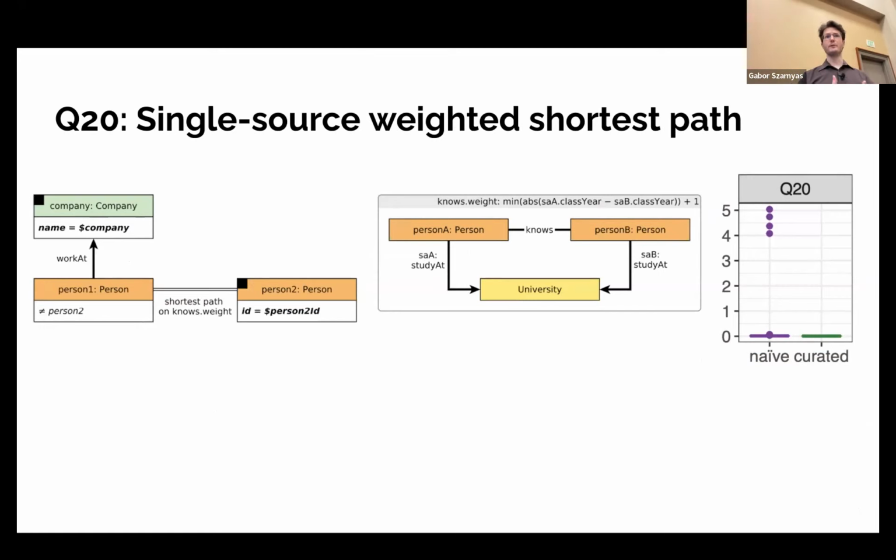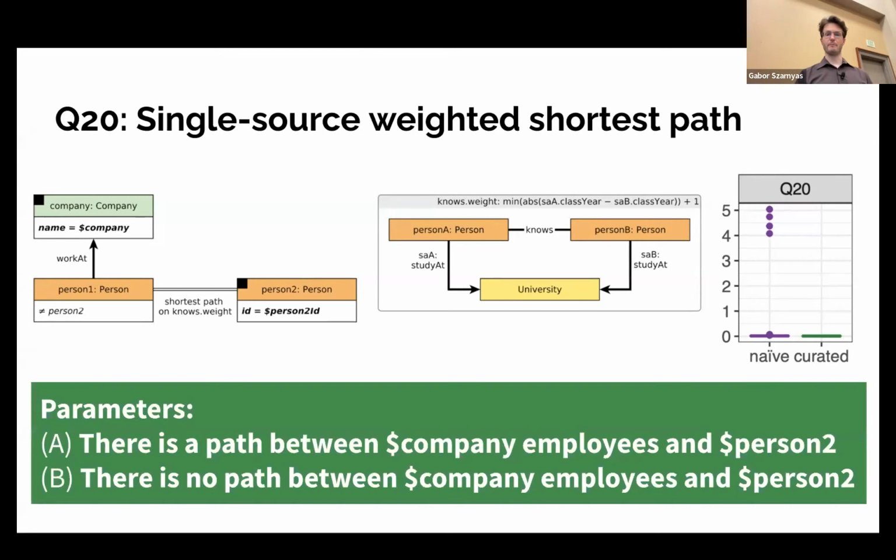One would expect that this graph is pretty sparse if we generated it with some uniform random approach. But because being enrolled in the same university is actually one of the indications of becoming friends in real life and also in our data generator, it is actually quite a dense graph, and this is a pretty heavy query for systems to solve.